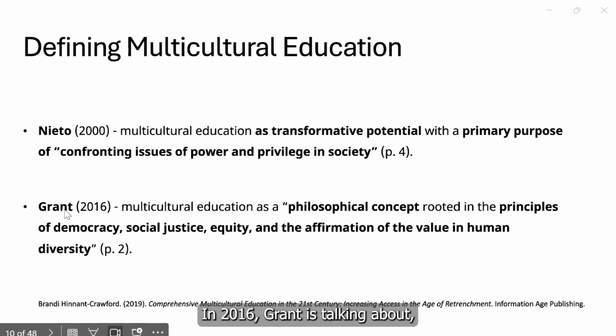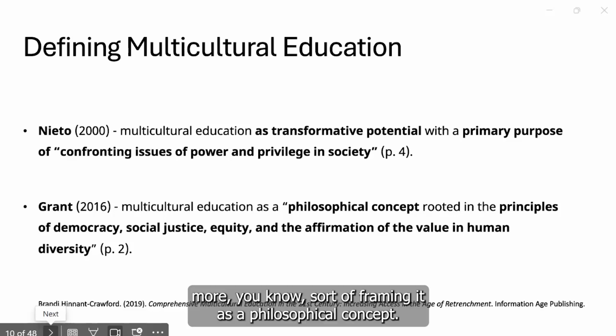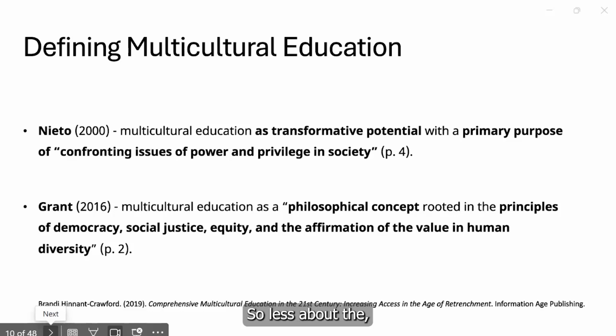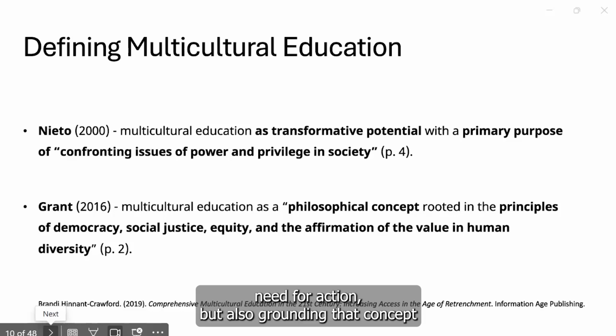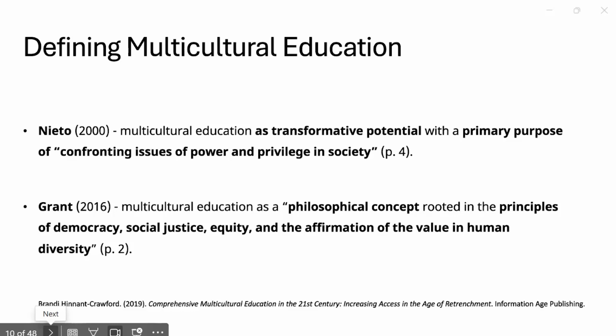In 2016, Grant is framing it more as a philosophical concept, so less about the need for action, but also grounding that concept in these principles, again, of social justice, equity, valuing diversity.